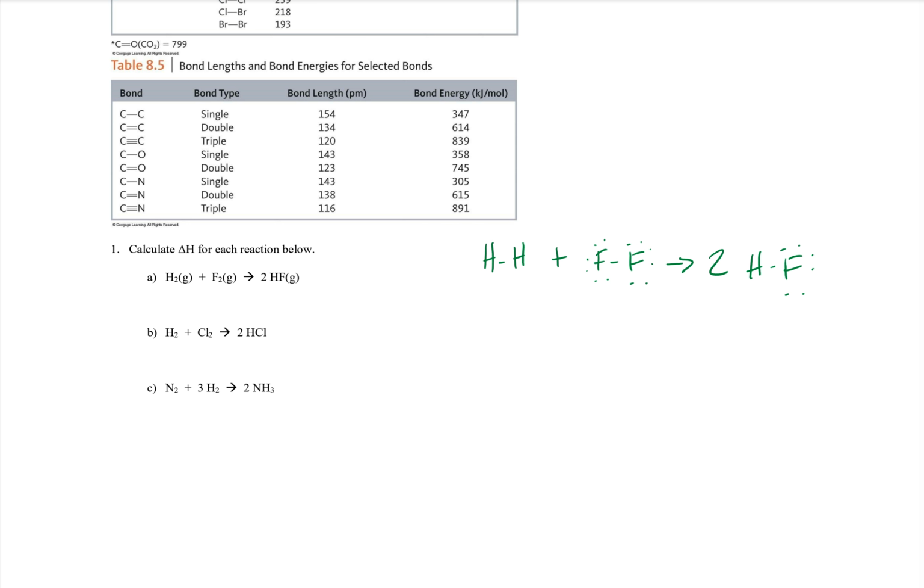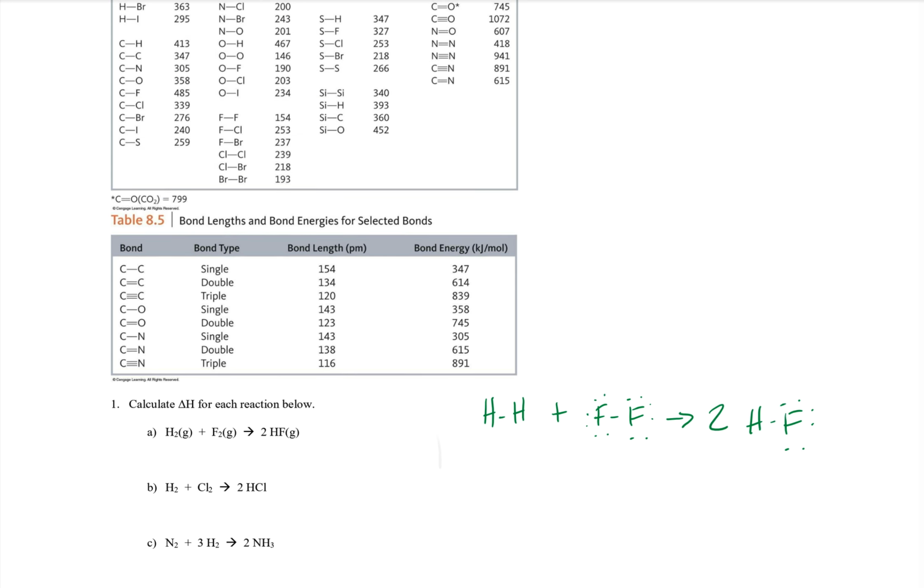So using my formula, bonds broken minus bonds formed, I have one hydrogen to hydrogen single bond being broken and one fluorine to fluorine single bond being broken.